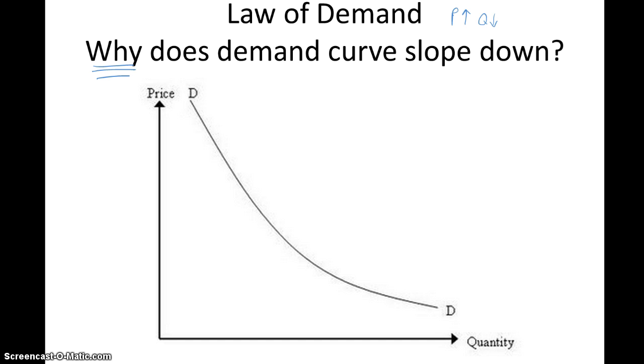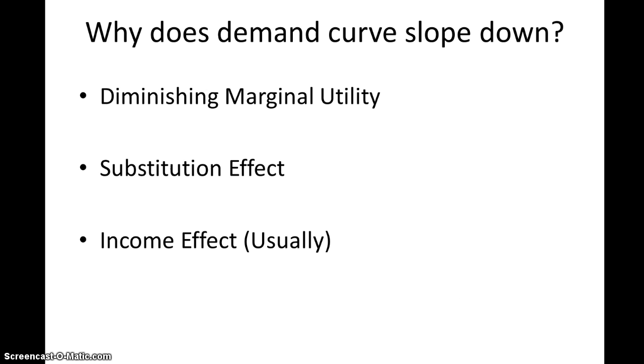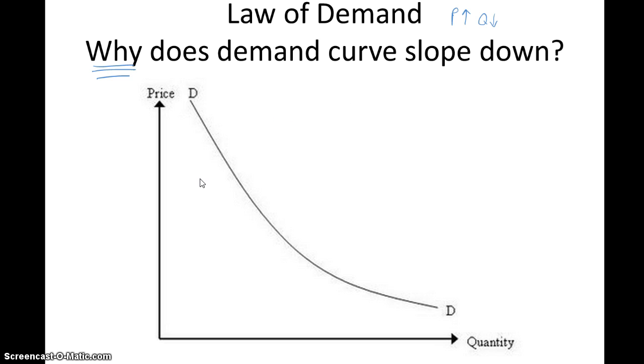One we learned in our last class, and it's this idea of diminishing marginal utility. Let's recall what that is. For every extra unit of a good that I consume, at some point I get less and less utility from that good. That's reflected on this graph in the fact that I'm willing to pay less and less for that good.